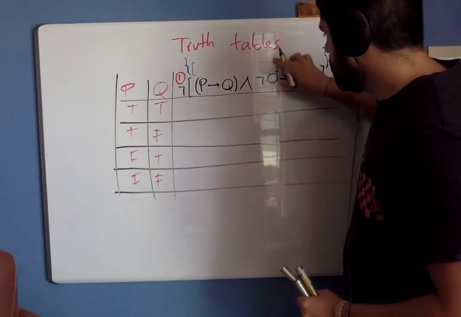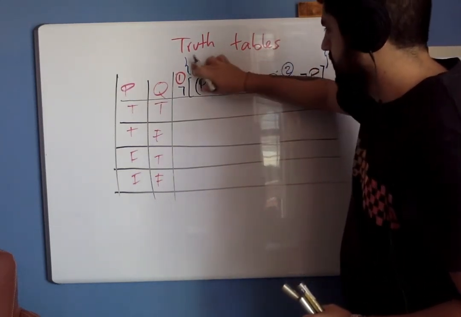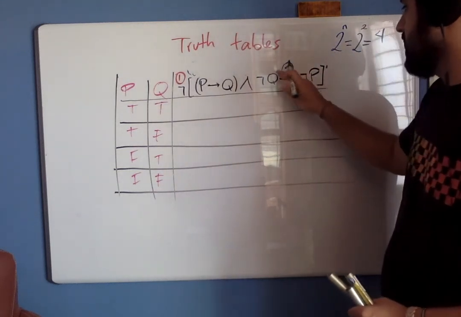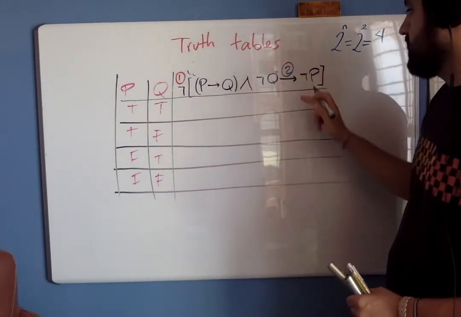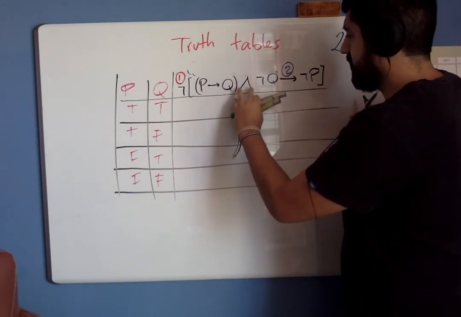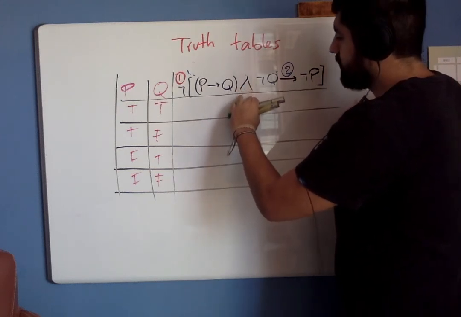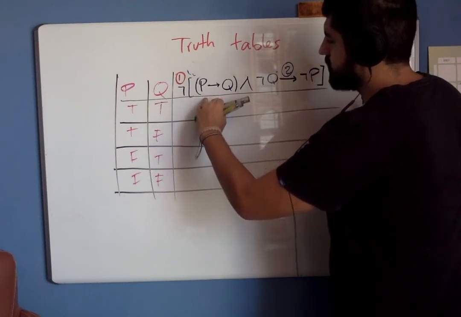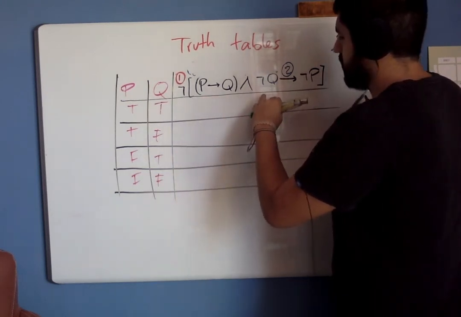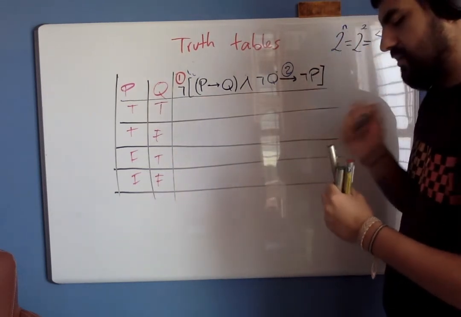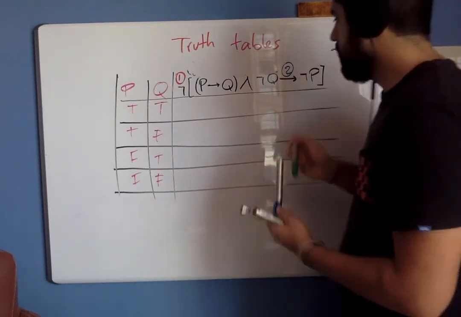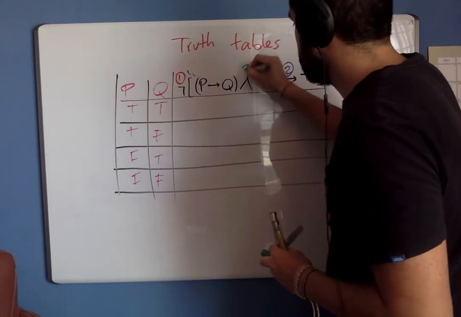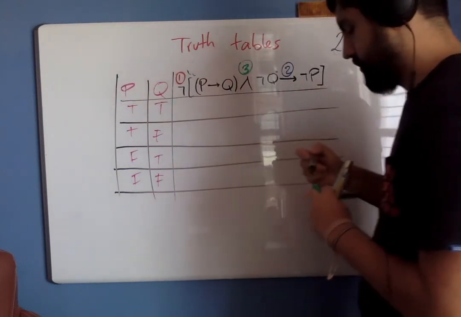I'm not going to complicate things, but since this is the second logical connective, now we have the conjunction. In order to solve this conjunction, I need to solve first this conditional between P and Q and this negation of Q. So we can say that the number 3 is going to be this conjunction, okay?